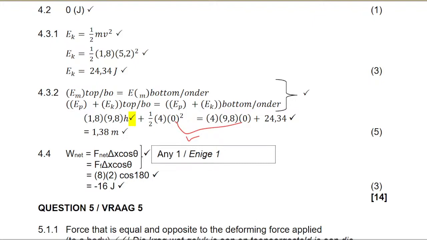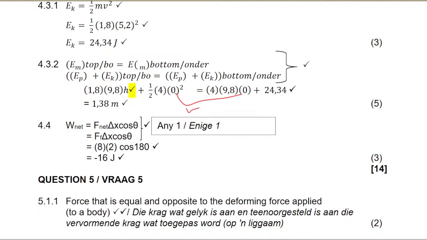And then 4.4. It says the same brick slides down the frictionless ramp as shown until point A. Between point A and point B, the brick experiences a friction force of 8 Newton until it stops at point B. I know a lot of people will do a lot of analyzing here, that when the brick stops at point B, the final velocity is equal to 0, and the rough surface is going to have an effect on that brick until it stops.